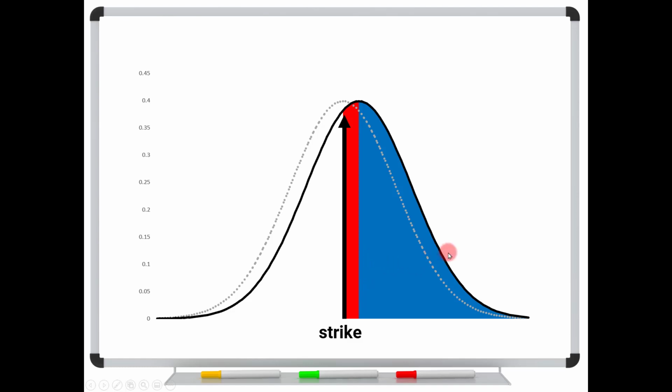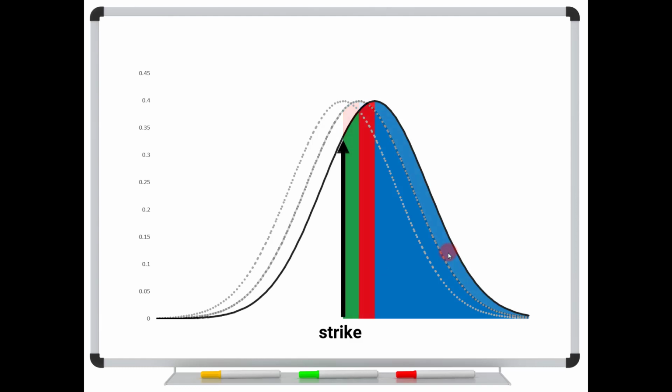So let's say that the stock price moves again $1 to the right. What happens? We start filling in more area to the right of our strike, because remember, the strike price doesn't move. So now we've gone from the blue area being filled in to blue plus red, and now blue plus red plus green. This additional area here in green is our new gamma.